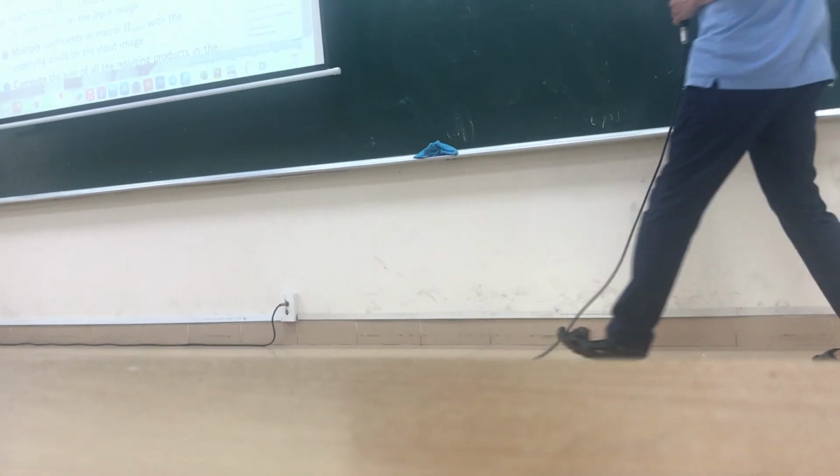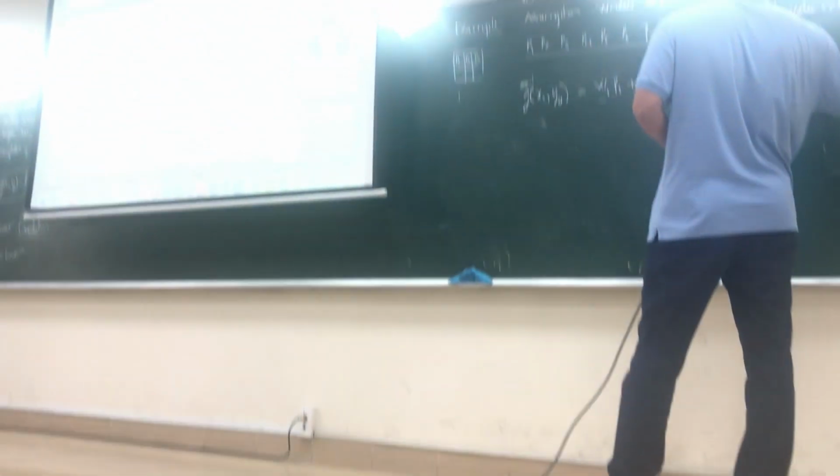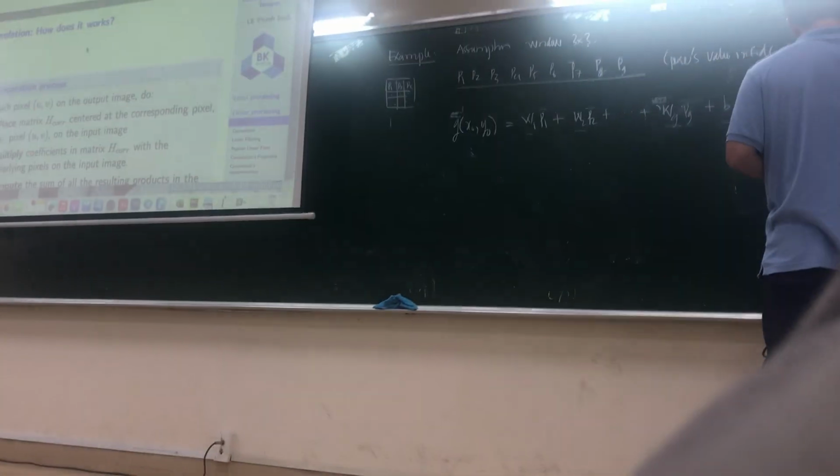And W1, W2, up to W9 we call weights. And B is the bias of the filter. So that is just actually just a few values.